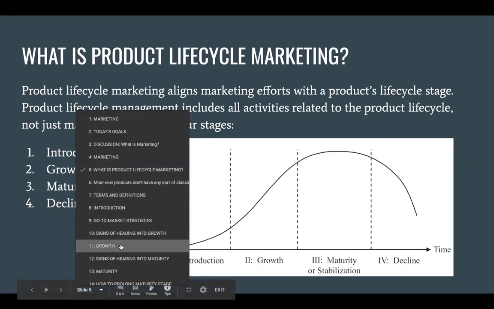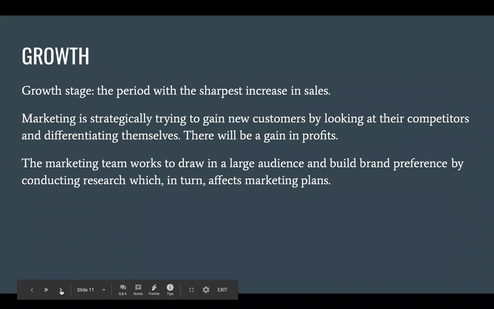So marketing is strategically trying to gain new customers by looking at their competitors and trying to differentiate themselves. There will be a gain in profits, as seen in the picture. The marketing team will work to draw in a large audience and build brand preference by conducting research which affects their marketing plans or go-to-market strategies.